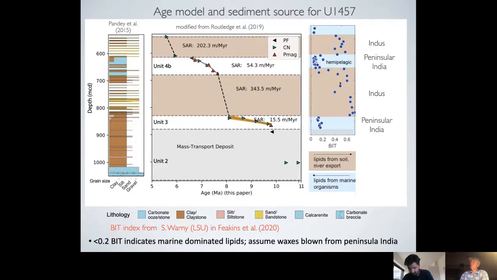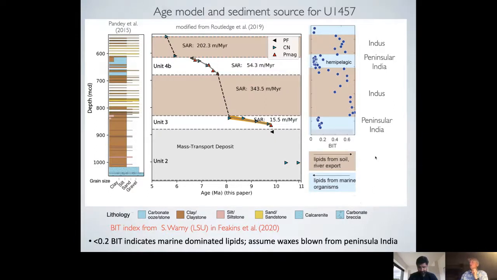And so, according to Warny and in Sarah Feakins' companion paper to mine, the leaf waxes from this interval in here were from peninsular India, and these sandstones came from the Indus River, based on something called the BIT index, which indicates whether it's marine dominated or continental.